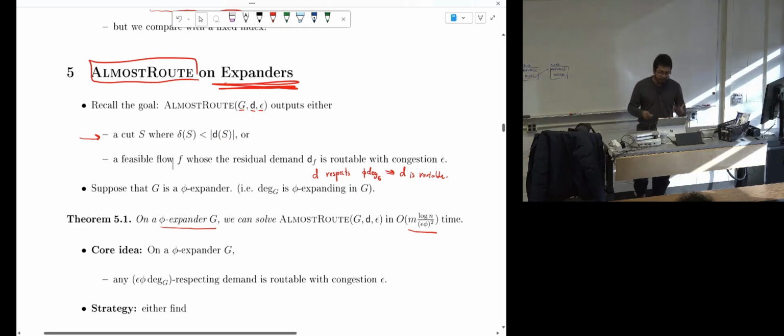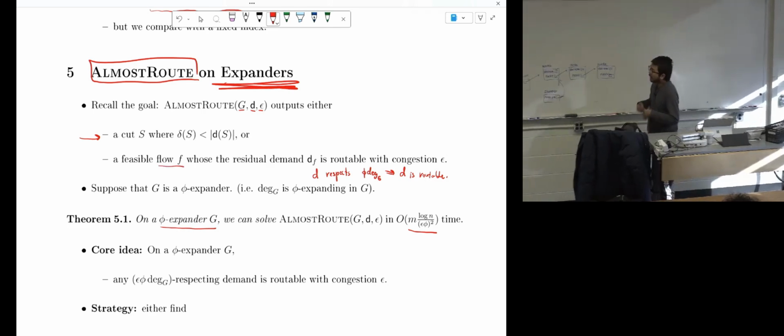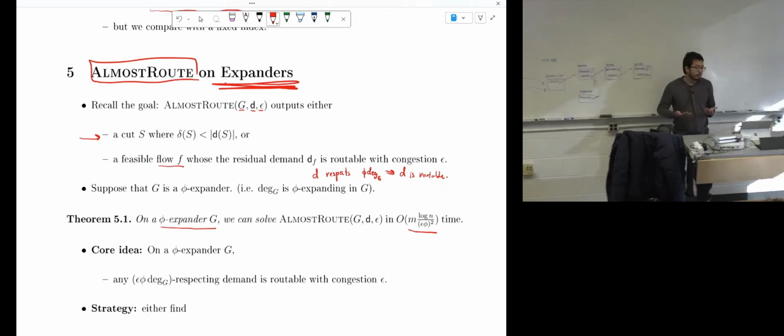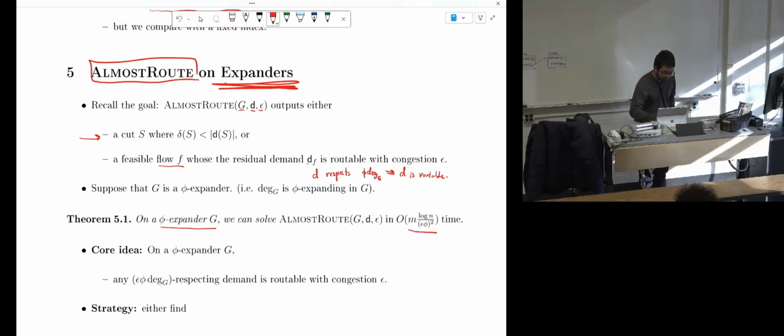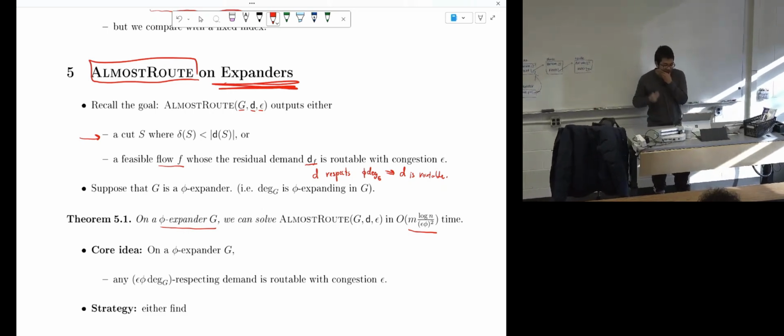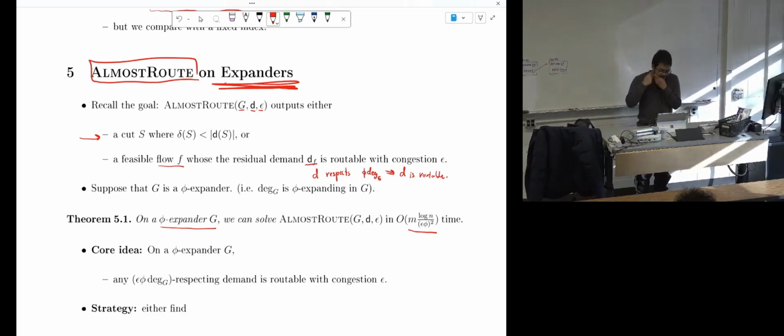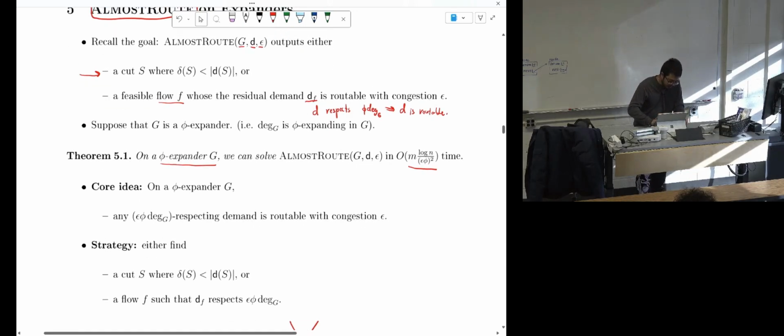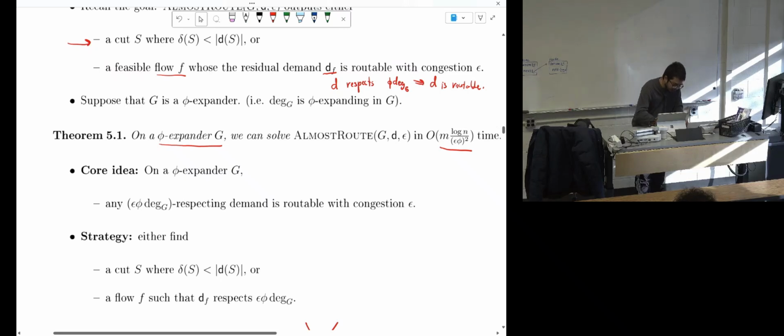So we either find this cut or you return a flow, which basically routes most of the demand in the sense that the residual demand can be routed with really small congestion. Okay. And the key idea was what? The key idea is that our strategy is to either find a cut or a flow.